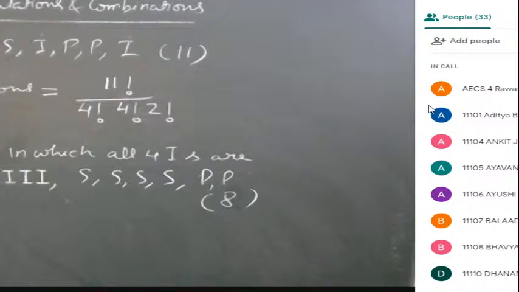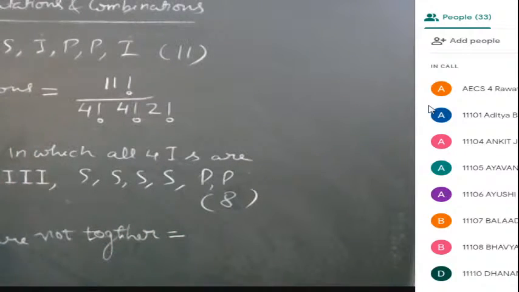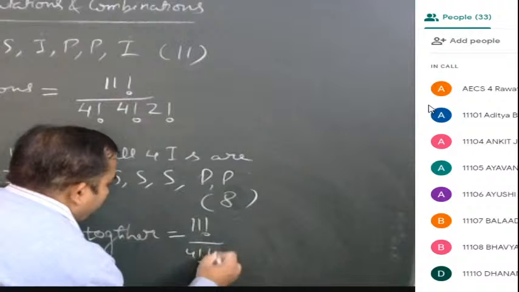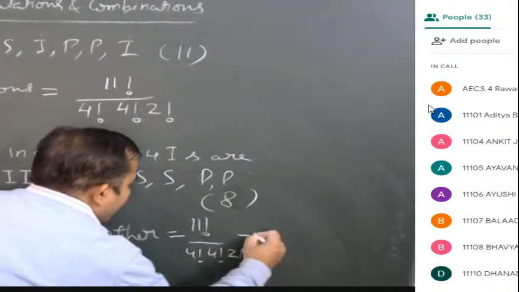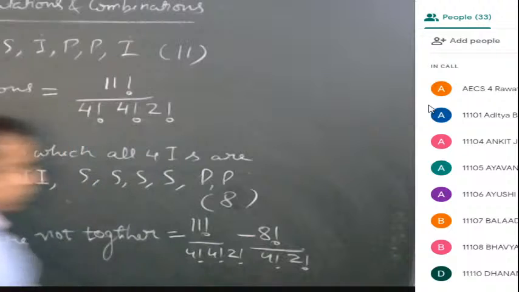So, the number of words in which 4 I's are not together will be equal to 11 factorial divided by 4 factorial, 4 factorial, 2 factorial, minus 8 factorial divided by 4 factorial into 2 factorial.